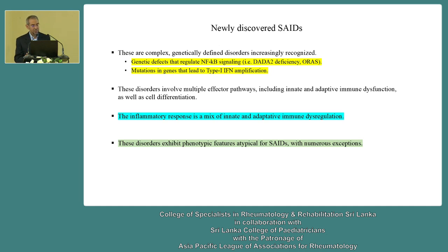So the inflammatory response is a mix of innate and adaptive immune dysregulation, and these disorders ultimately exhibit phenotypic features atypical for what I will call classic systemic autoinflammatory disease, with numerous explanations.